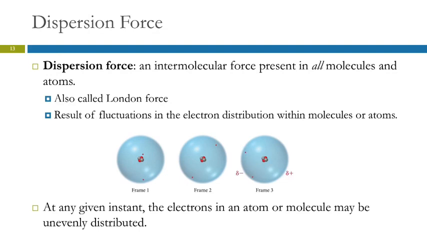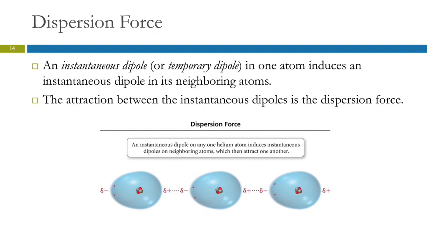So if we've got one atom like this, it's going to affect a neighboring atom. So here's one atom that's lopsided. This partial positive charge on this atom is going to attract the electrons in a neighboring atom and induce a dipole in the next atom. So these electrons are attracted over here, and then we have an instantaneous dipole, a temporary dipole.